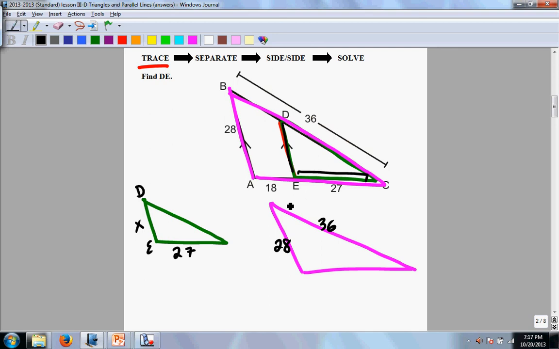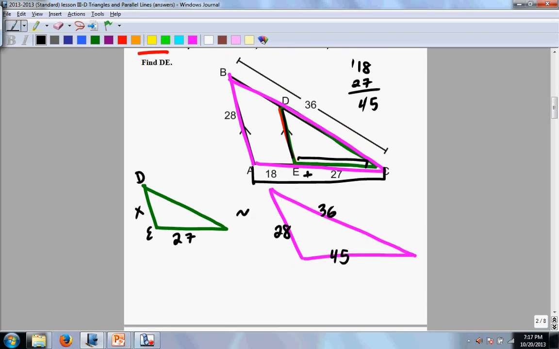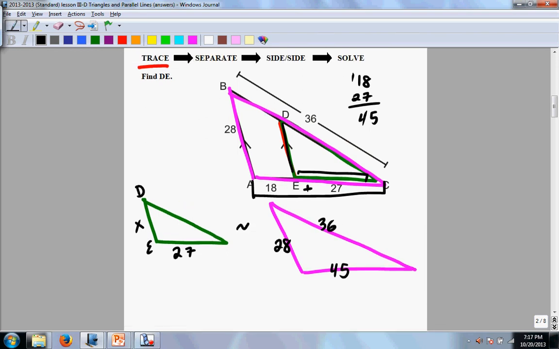This side's 36, and be really careful here. This is not 18. That whole side is 18 plus 27. So we add that up, 15 carry the 1, and we have 45. Now, they are similar. So trace, separate, now we're going to make side over side and solve.